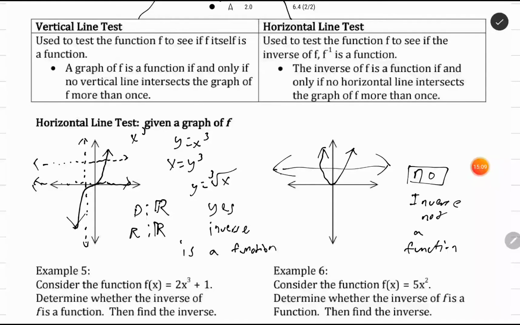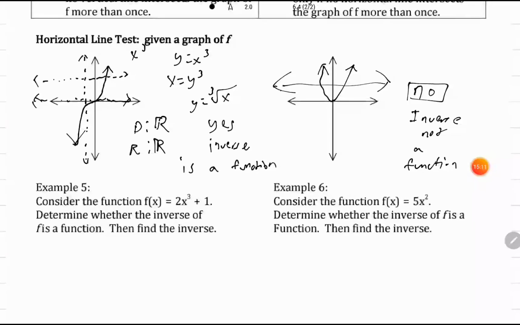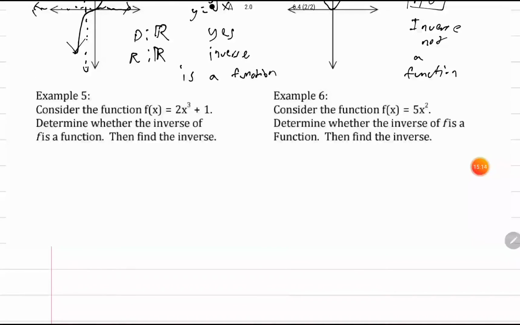Okay. Example 5. Consider the function f of x equals 2x cubed plus 1. Determine whether the inverse of f is a function, then find the inverse. Well, let us see.